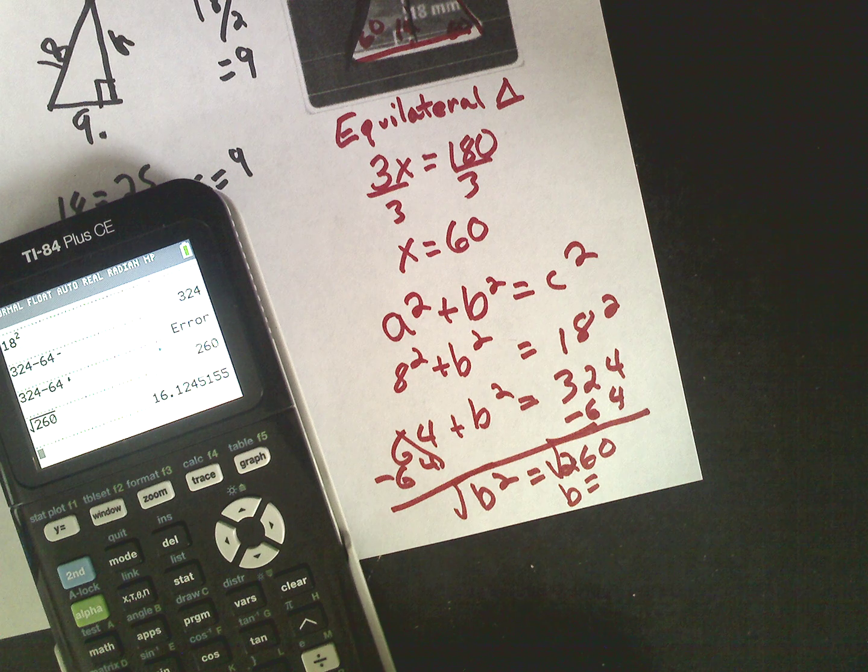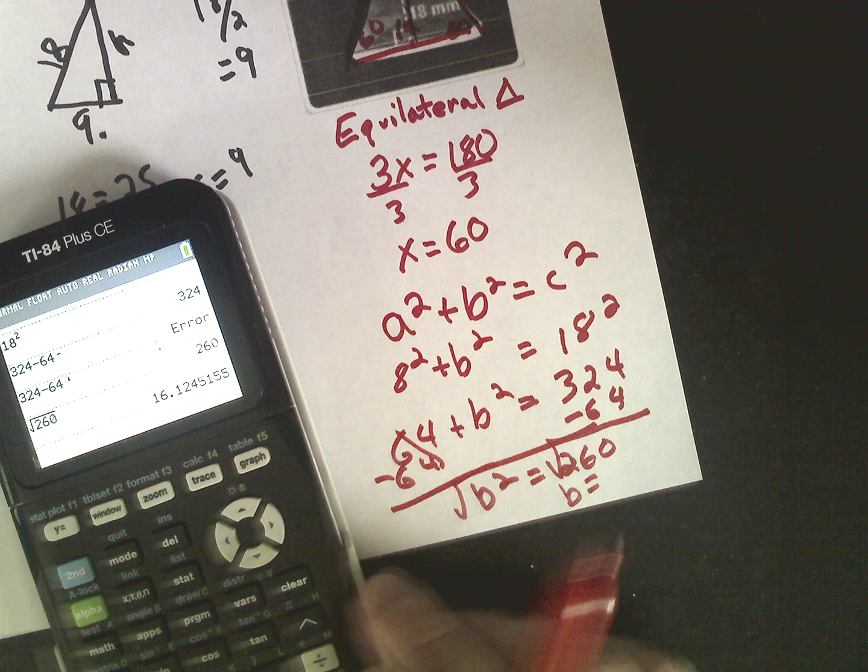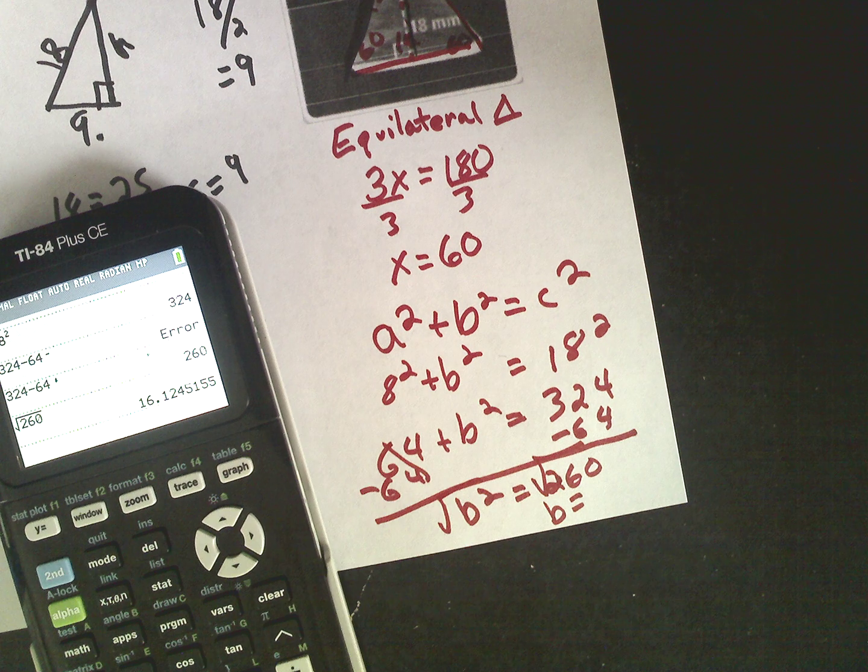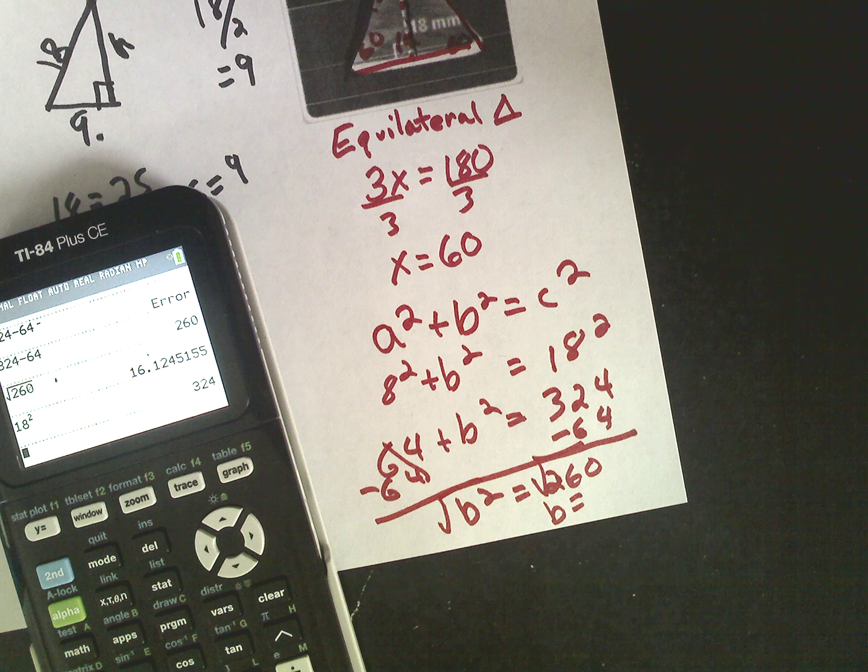Huh, I'm wrong. How is that possible? I'm actually pretty close, about 16. I must have made a mistake somewhere. 324 minus 64. 18 squared? No, 8 squared.